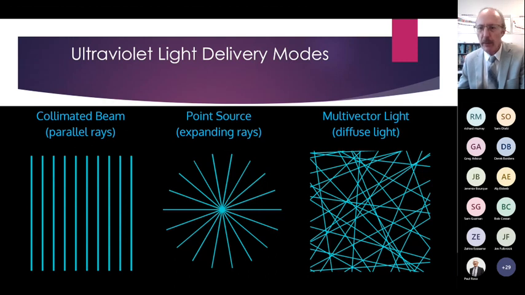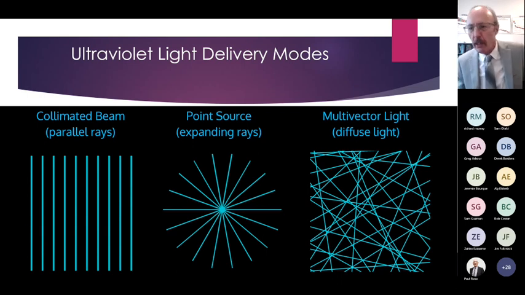The third form of UV light that we know of we call multi-vector light. It could also be called diffuse light. Diffuse light is like the light from clouds that comes from all directions. But for UV, we call it multi-vector light because the light converges from multiple directions. When you have multiple lamps in an enclosure with reflective surfaces, you will end up with multi-vector light.